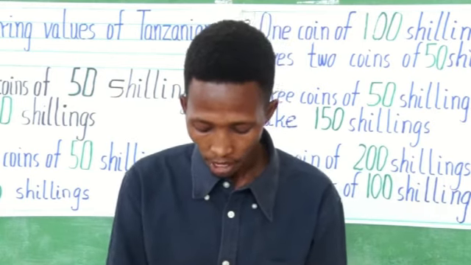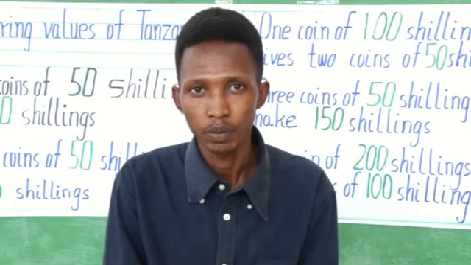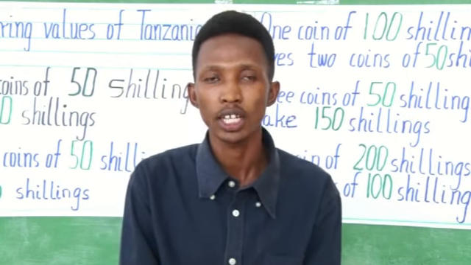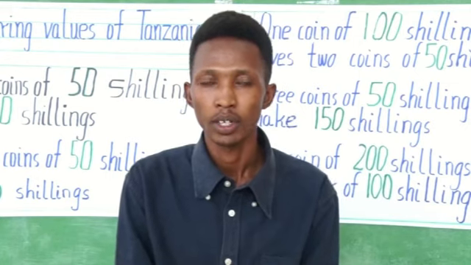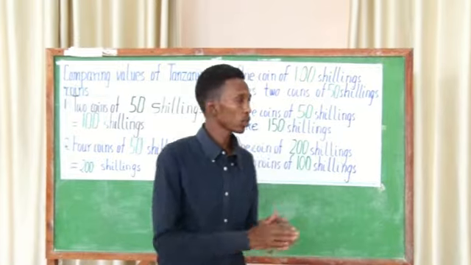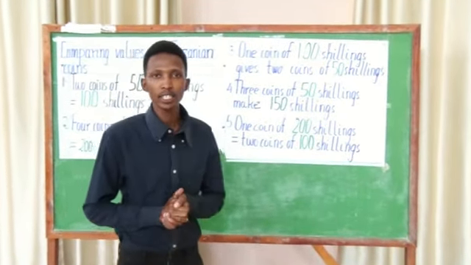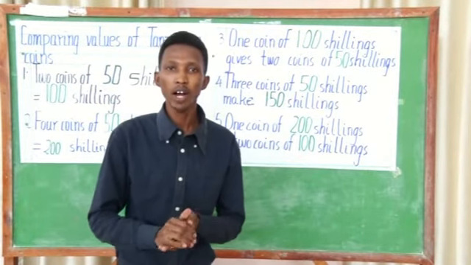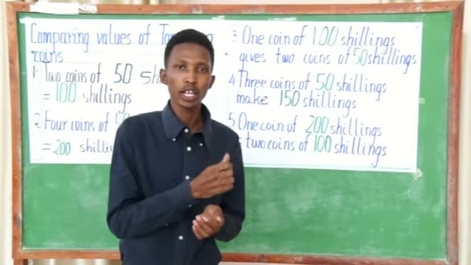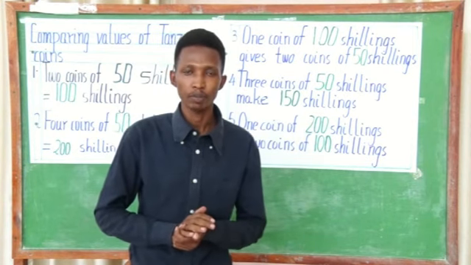Then, according to that, I will give you the work to do. Make sure you do all the questions that I will provide. If you did not understand somewhere in all these examples, please refer back from the start to the end. I hope that you will understand.